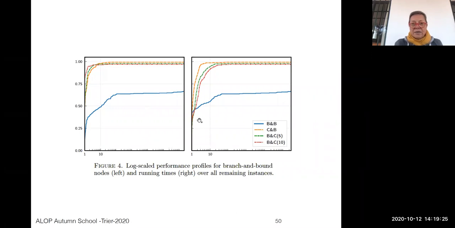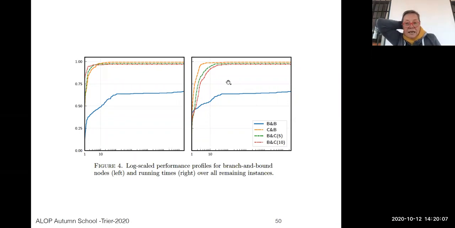So you have here the branch and bound without cuts, and you see you have different options. You have the cut and branch, which is just adding the cut at the root node, only one, but already it makes a significant improvement. And then here you have two different options of branch and cut. These are using the McCormick envelope. I think here it's every 5 levels in the branch and bound tree, and this is after 10 levels.